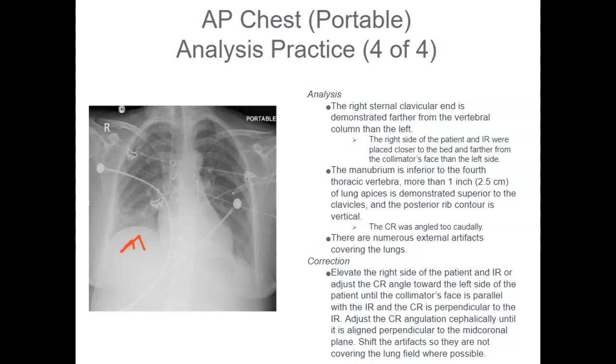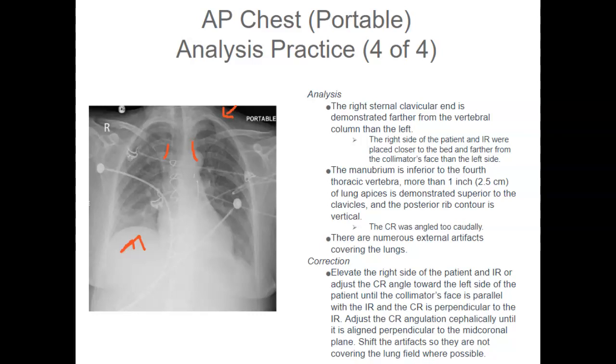Also, you can see that the sternoclavicular ends here are not equidistant. So there's some rotation here. We also can see that the apices are demonstrated more than 1 inch above the clavicles.